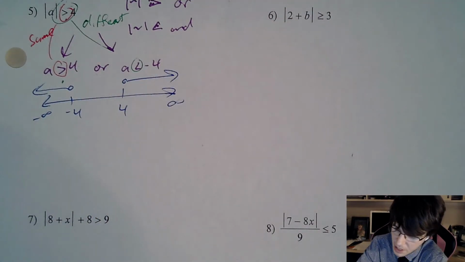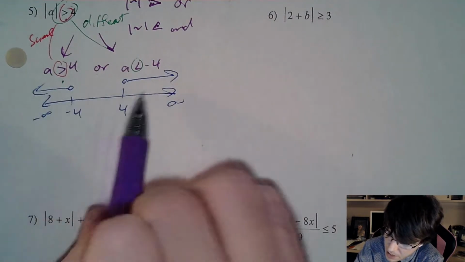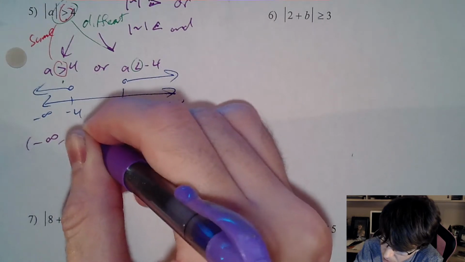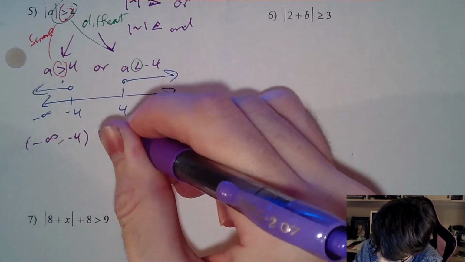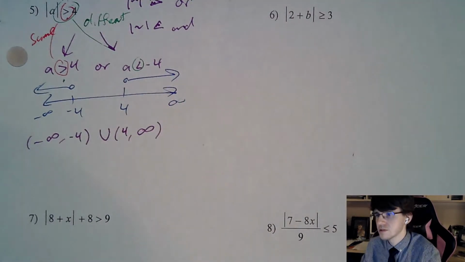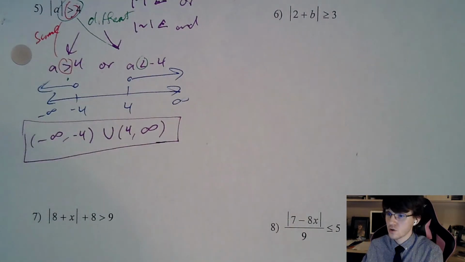So there's our number line. And again, we're going to write down all the numbers that do end up showing up in our answer. So negative infinity, negative 4, parentheses this time because it has an open circle, union, positive 4, infinity, end those parentheses. Cool stuff.